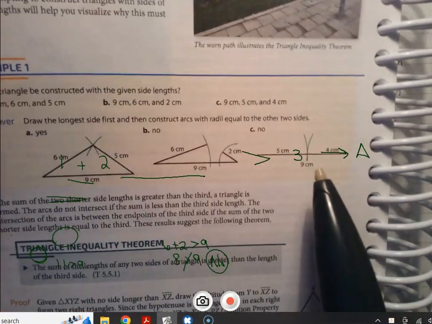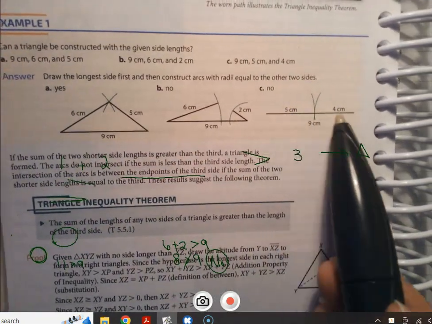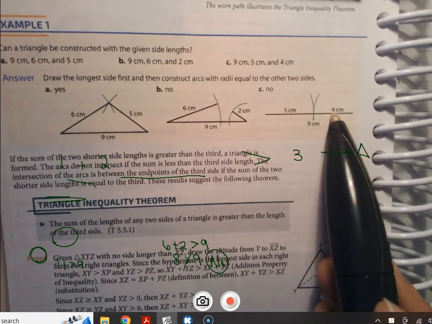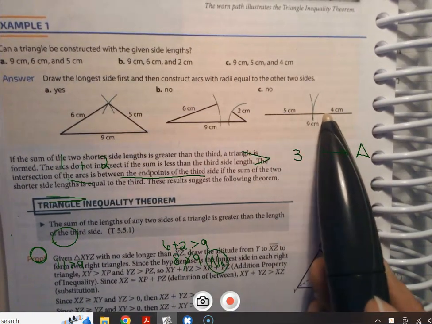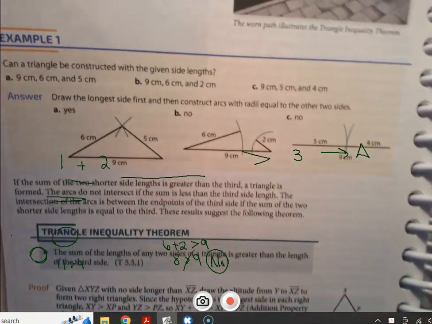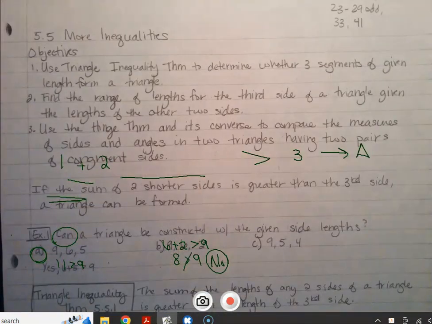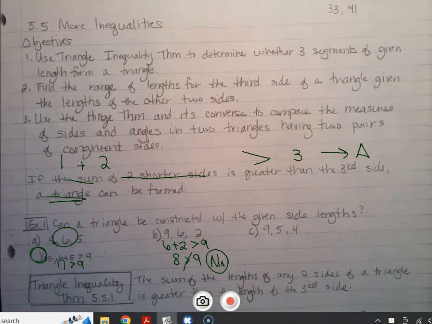Now, here's the other thing. If they're the same length, which is the one we have next, what do you notice? It's just a straight line. If they're equal, they're called collinear. So if we look at this one, 5 plus 4 is not greater than 9, but 5 plus 4 equals 9.